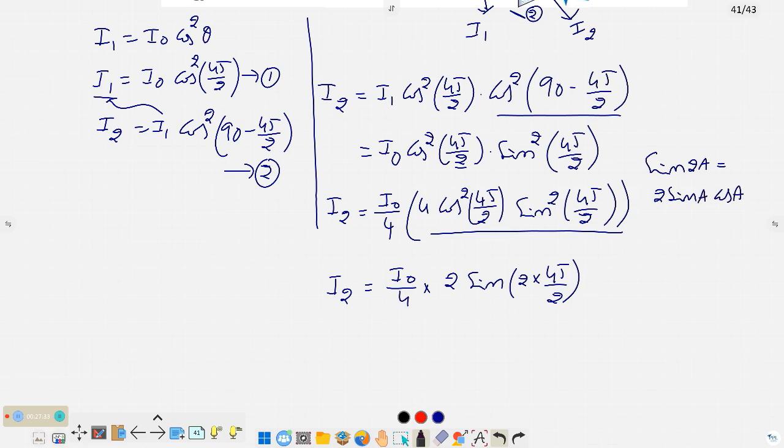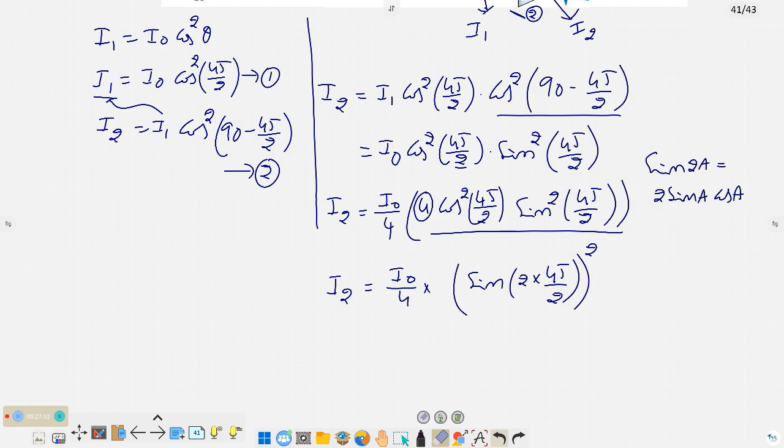So if you convert this, it is already 4, I can write as 2 square. In this case, if you convert the formula, that is sine 2 into 45 by 2 whole square.